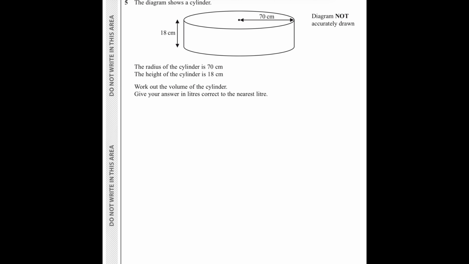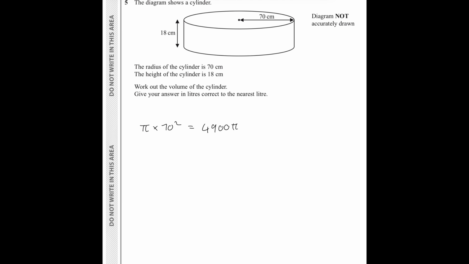So let's go. First, to find the volume of a cylinder, you want to find the area of the circle, or the cross section, if you want to call it that. So 70 centimeters is the r, so pi r squared, pi times 70 squared. It's going to give you 4,900 pi.